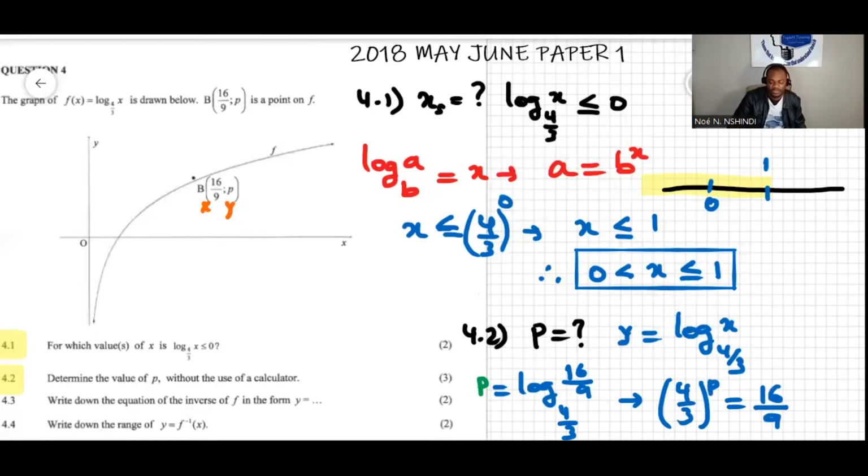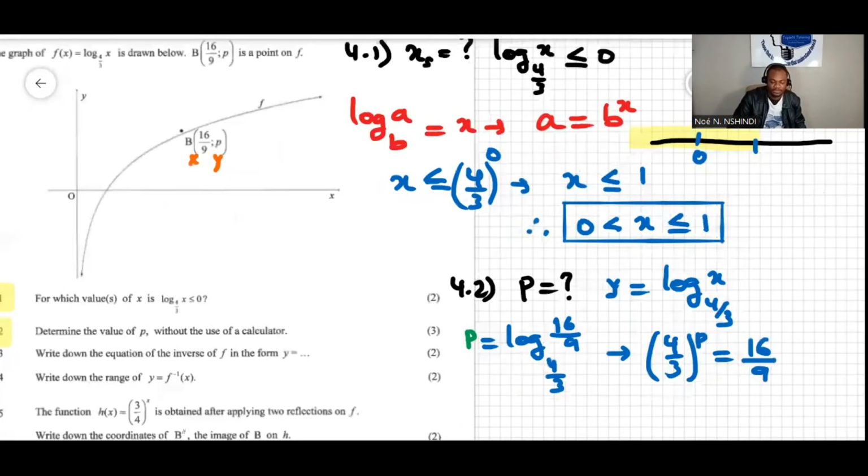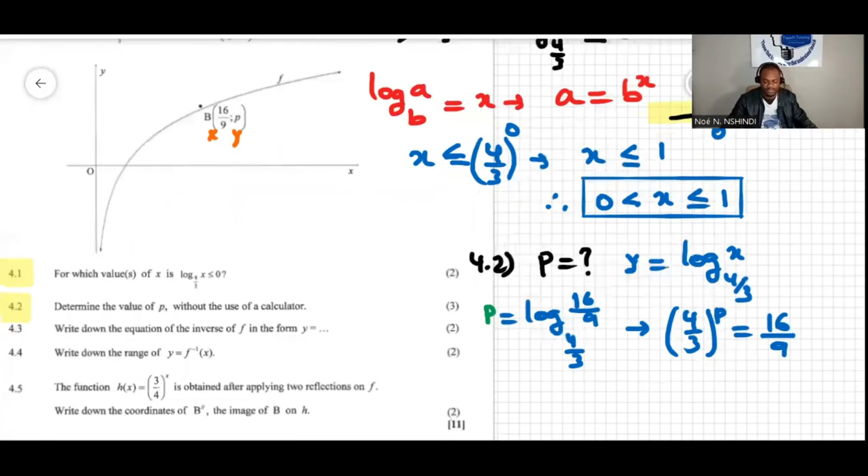Then we can reduce 16/9, because 16 is 4 squared and 9 is 3 squared. I do that because we have exponents on both the numerator and the denominator. So this can be written as 4/3 to the power of 2.